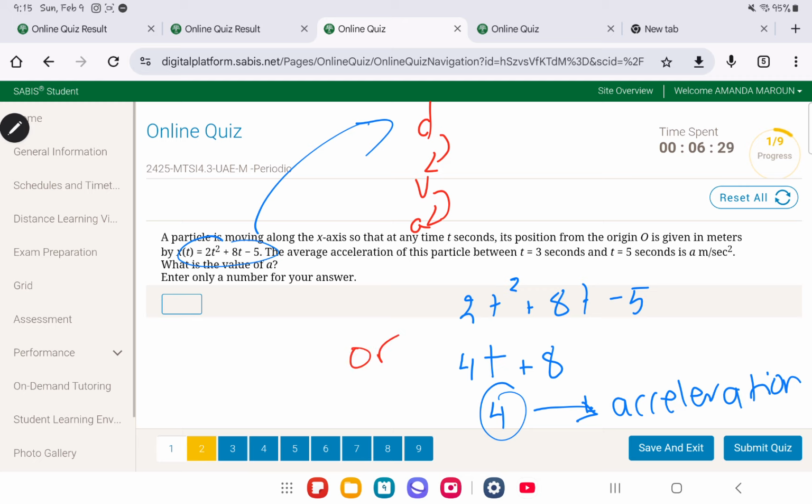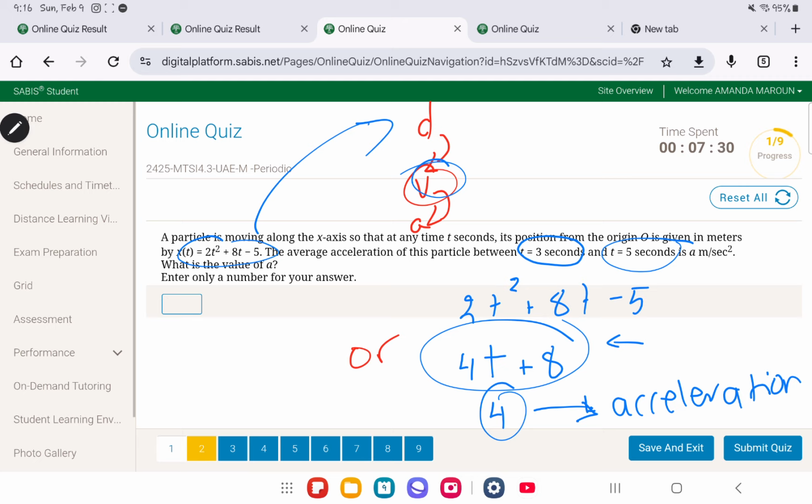Or a second way is to take the velocity. To find the velocity, we're just going to take this equation. They said the particle between time 3 seconds and 5 seconds.